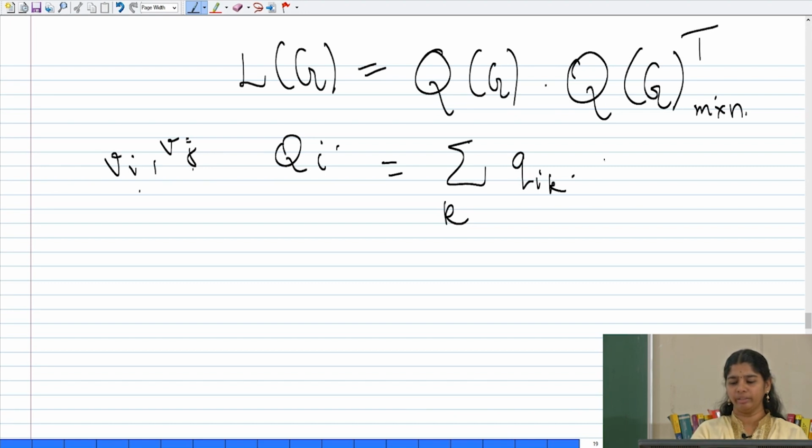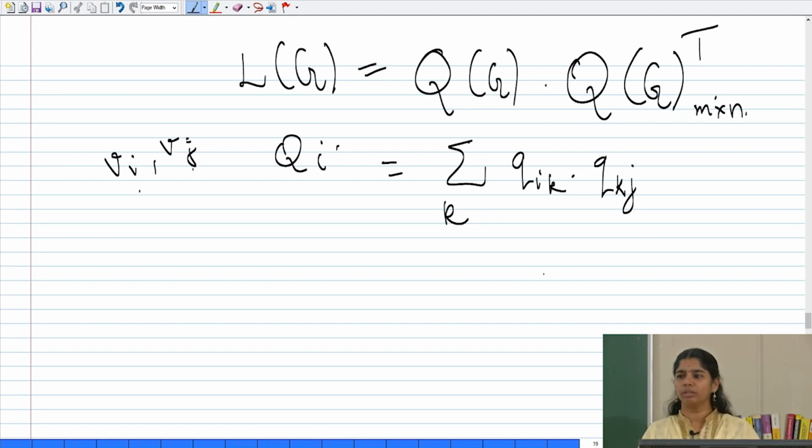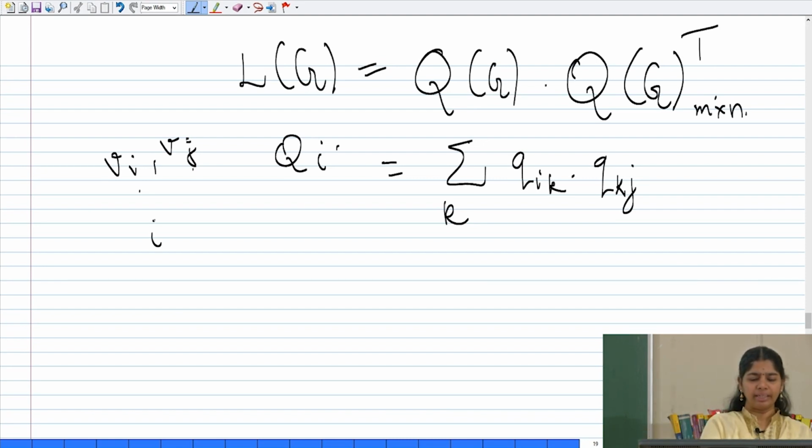So, Qik and Qkj, right. When will this exist? Will it always be 0 or non-zero, or what kind of entry are we looking at? Think of this: if there is an edge from i to j, what happens to my Q? The ith row will have a 1 on one side and a minus 1 on the other end.